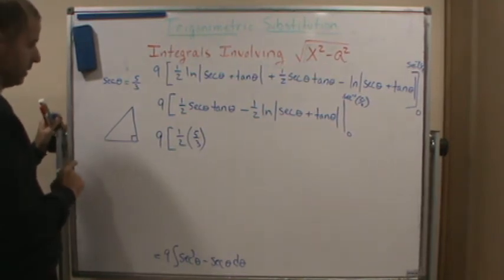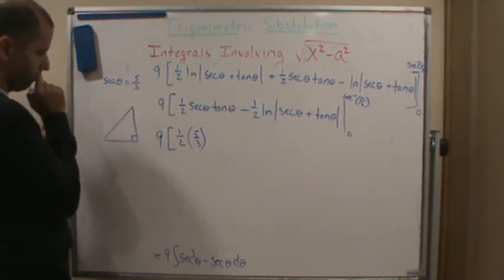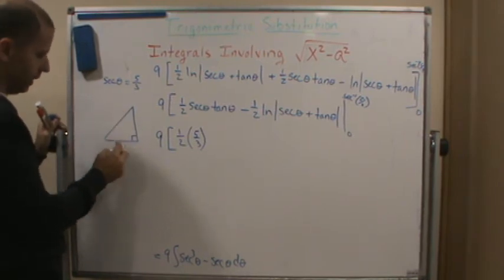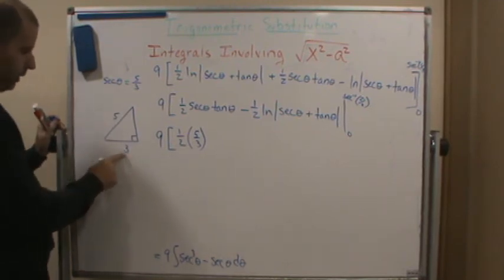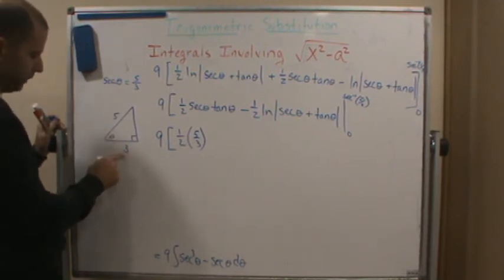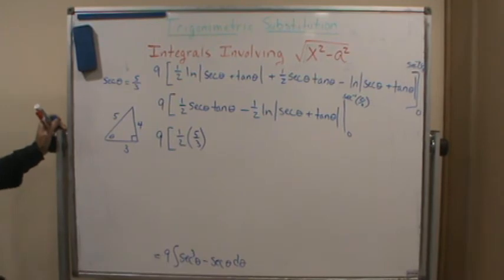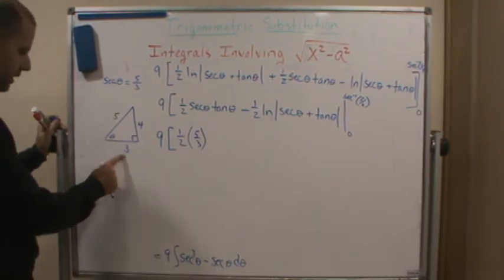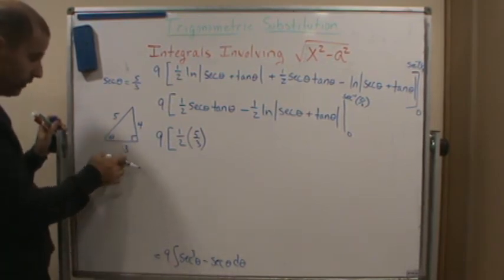Well, what's secant? 1 over cosine. So if secant is 5/3, then cosine is 3/5. And so we know that this is going to be here, like so, because cosine of theta is adjacent over hypotenuse. Well, this becomes a 3, 4, 5 triangle. And we all, at this stage, should understand that that is a special right triangle. So as soon as you see this is 3 and this is 5, this has to be 4. You could use the Pythagorean theorem, and in fact, in general, that's what you would have to do.